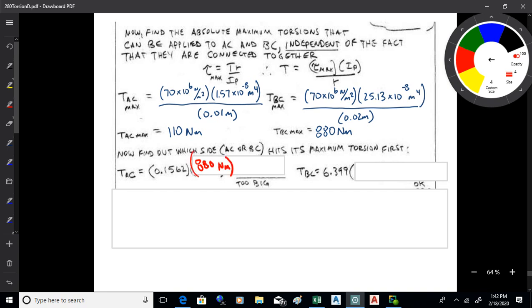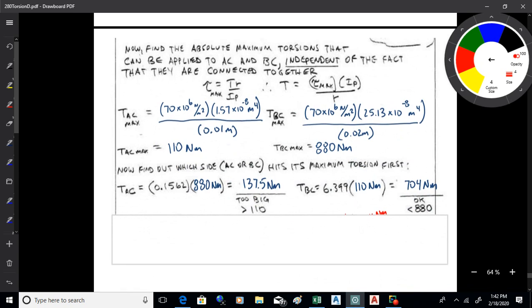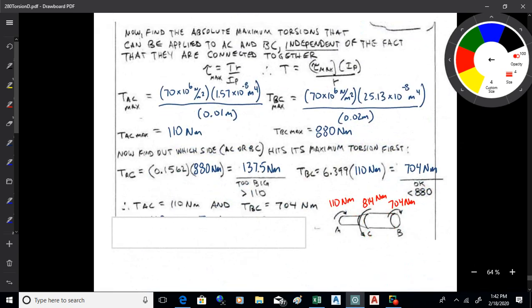And I know that TBC is 6.399 times whatever TAC is, and that's 110. So I'll just pop those in there, okay? I'm going to see from doing this little analysis which one maxes out first. What I did, I generated the 110 and the 880 based on those shears. Okay, but the shears are independent of the fact that the two shafts are connected together. That's independent, okay?